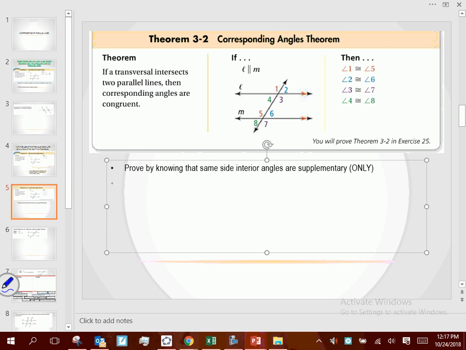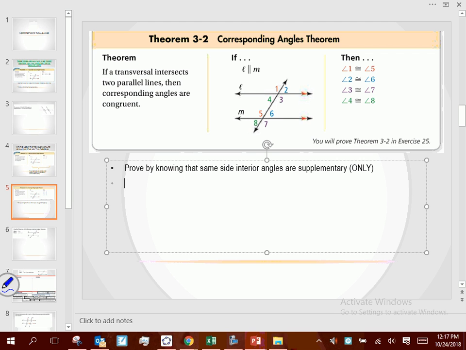And that's the only thing I want to know. Okay, so we're going to approach this as if we have no idea about alternate interior angles, no idea about alternate exterior angles, and obviously no idea about corresponding angles, because that's what we're trying to prove here. Does that make sense? Okay. The only fact that I want us to use based off of parallel lines is that the same side interior angles are supplementary. Use that postulate that we talked about a couple days ago.